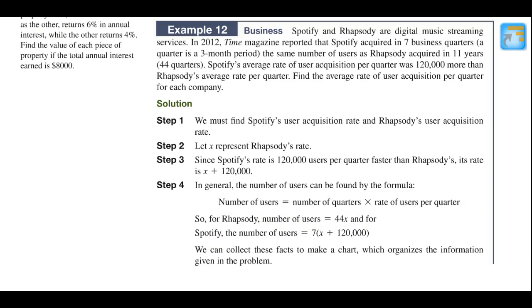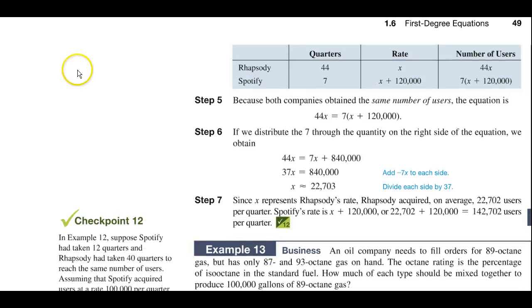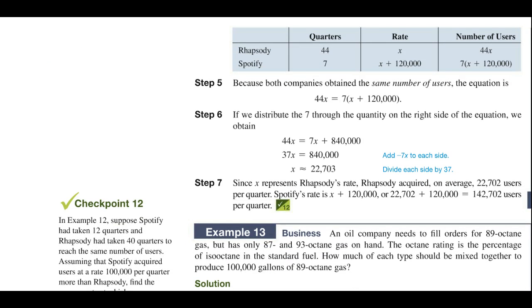Now here's where a chart comes in handy, and I took a look at this already, so I knew it was coming up. So we set it up like so. So there's the number of quarters for Rhapsody, that's the slower one. Spotify in 7 quarters, and there's the rate. So we take the number of users equal the number of users. 44x equals this. We solve it for x, and we get x is approximately this.